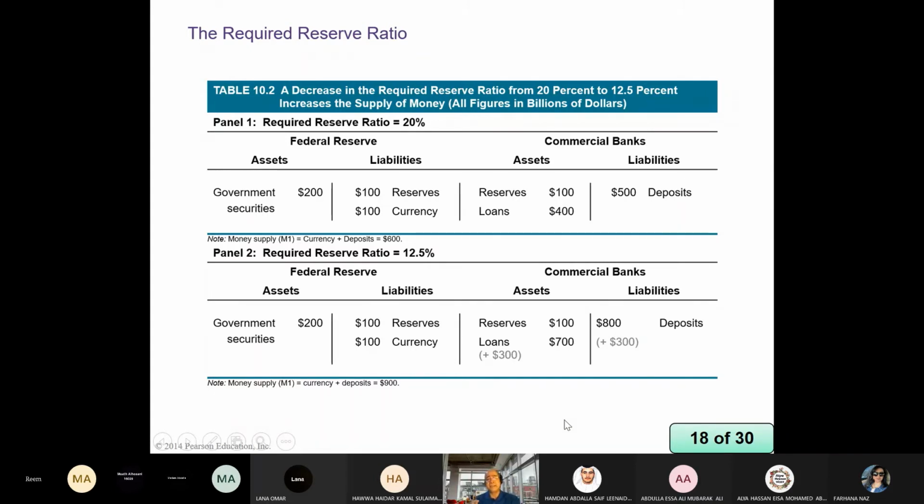So during the coronavirus pandemic, during a recession, the central bank should decrease the required reserve ratio. It will give commercial banks more ability to create loans from the current reserves.